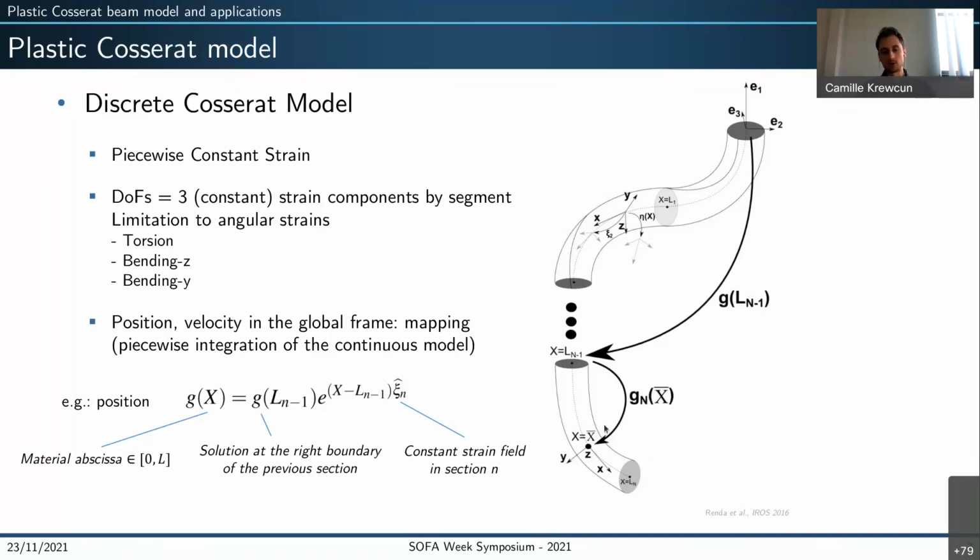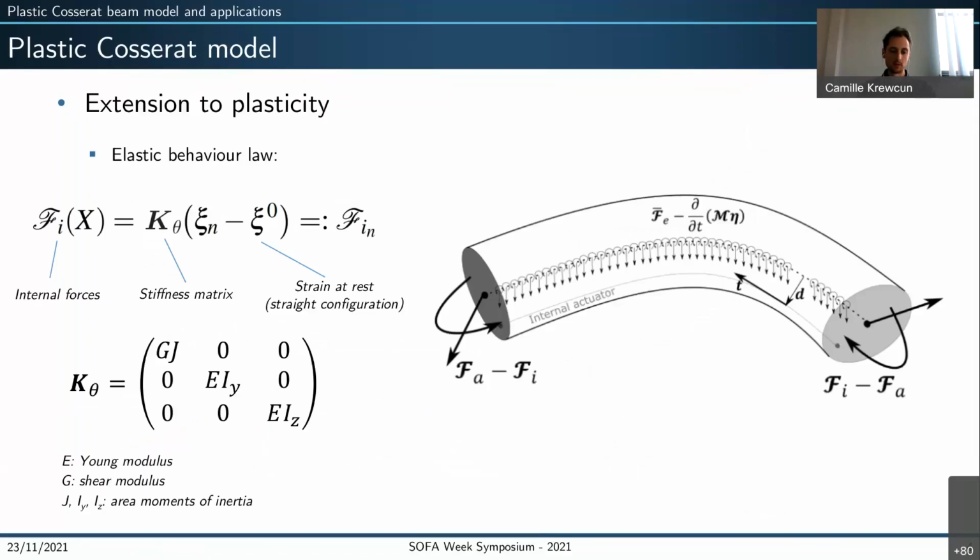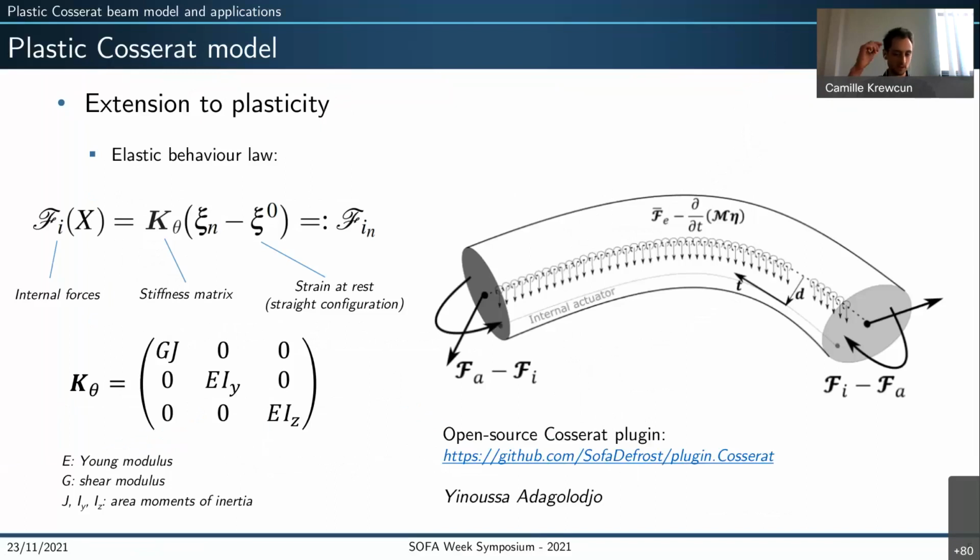I'm going to go a bit fast on this because it's not the main thing I'm going to talk about. You can find this model, the discrete Cosserat model, in the Cosserat plugin, which is open source and which has mostly been implemented by INUSA. In this plugin, initially, the mechanical behavior of the beam elements was purely elastic, meaning that, as you can see here, you had a linear relation between internal forces and the strain degrees of freedom.